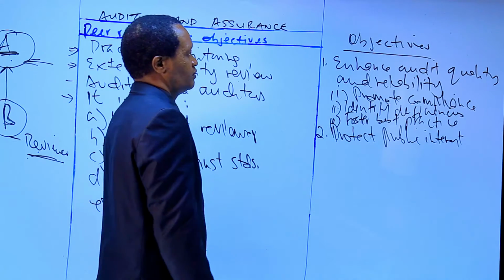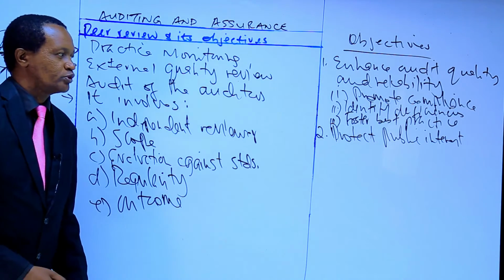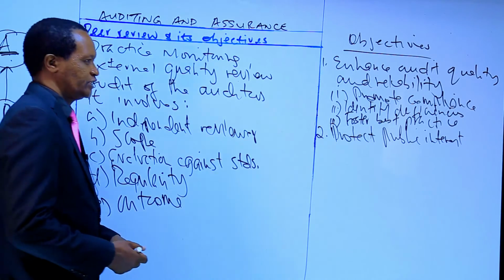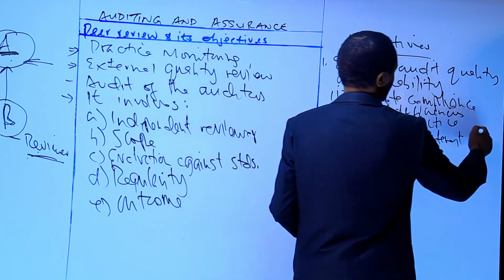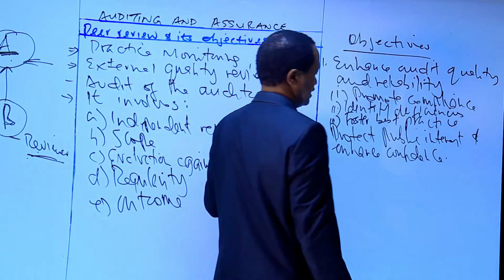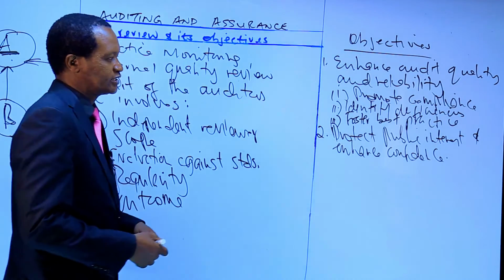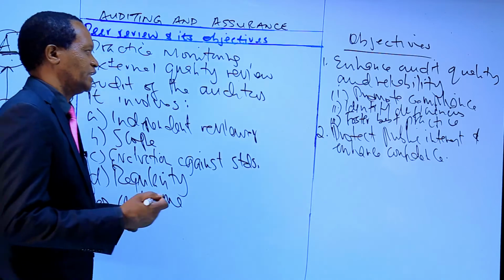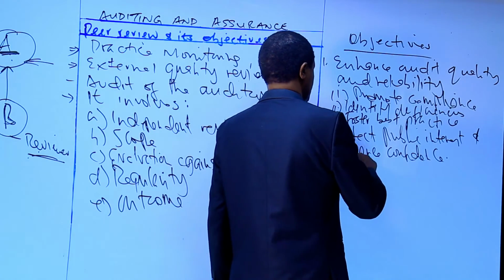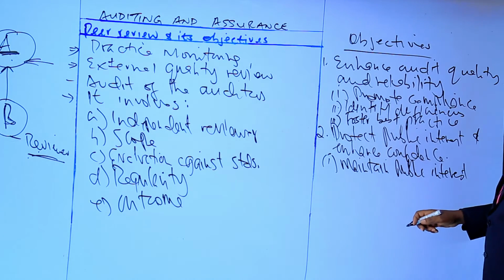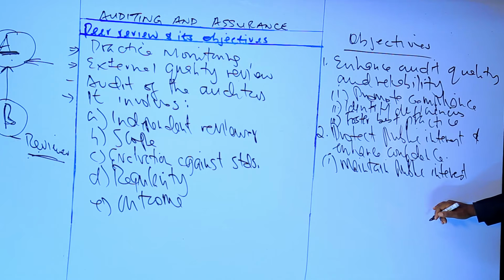The second objective of peer review is to protect public interest and enhance confidence, by maintaining public interest.